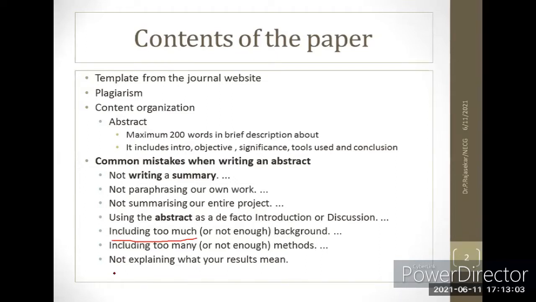You should include your results, mentioning in one line that it improved the existing one by 20% or 30%. If possible, mention the numeric values in percentage. That is the abstract.